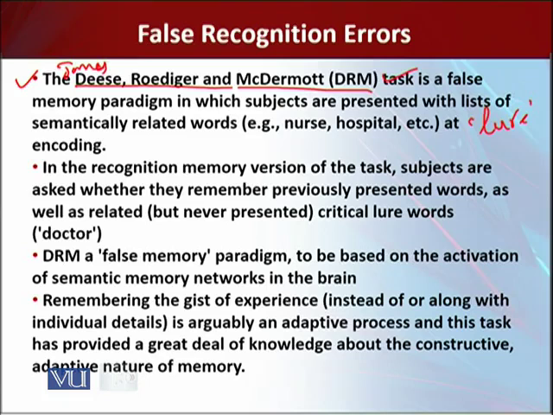So again, this is a task in which subjects are presented with a list of semantically related words. Another example is nurse, hospital, etc., at encoding. After a delay, subjects were asked to recall or recognize these words. In the recognition memory version of the task, subjects were asked whether they remembered previously presented words.